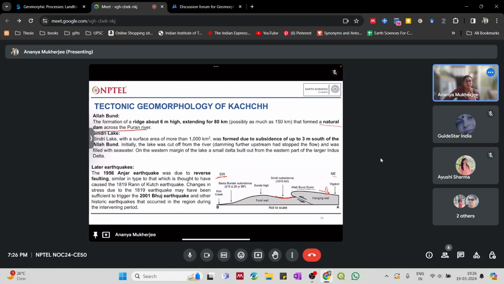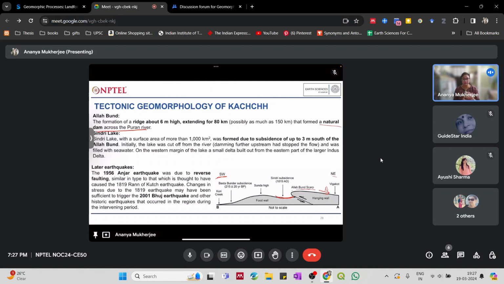The topography over here has changed, and it will not change back to its original form anytime soon, or maybe it will never change. So tectonic geomorphic processes, or tectonics itself, can cause irreversible changes in the geomorphic disposition of an area.